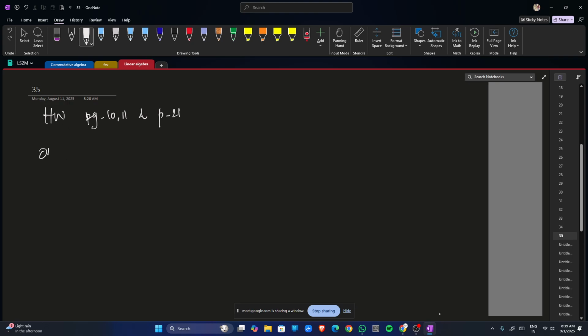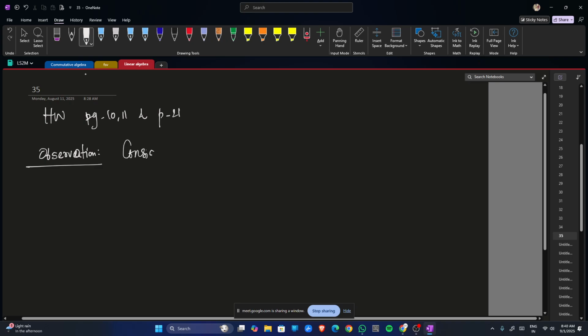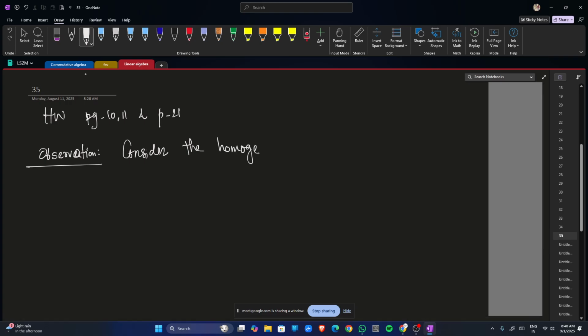Observe one thing. Consider the homogeneous system Ax equal to 0.